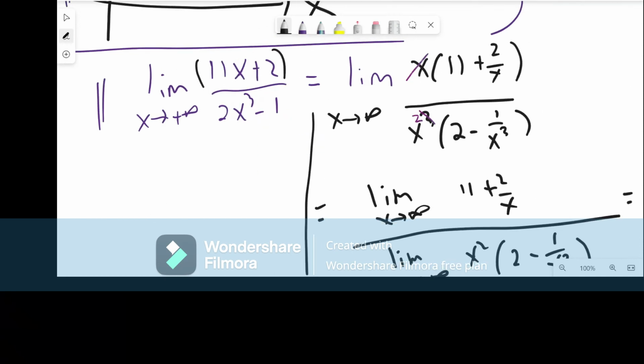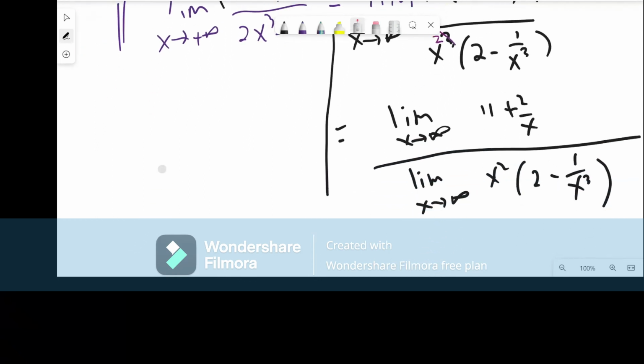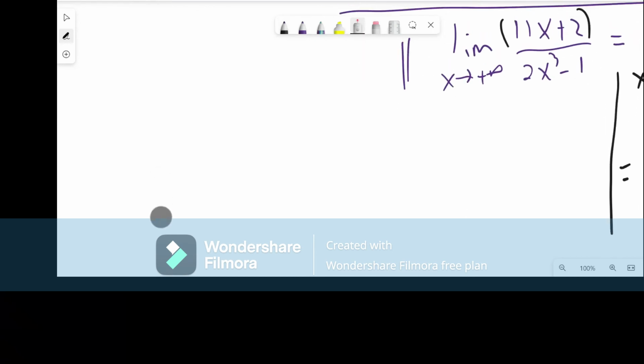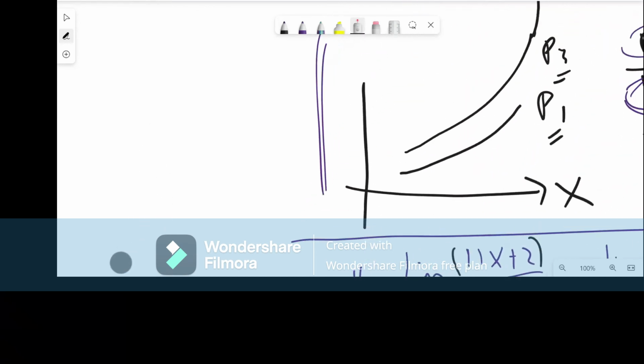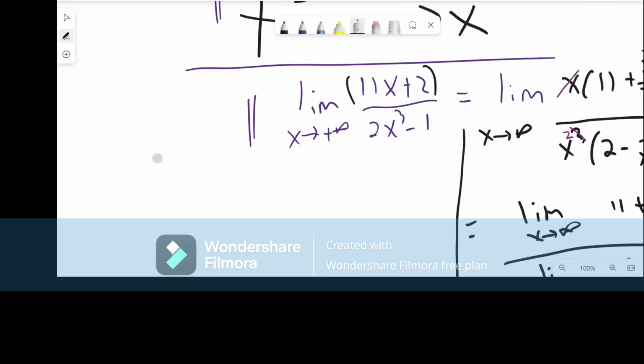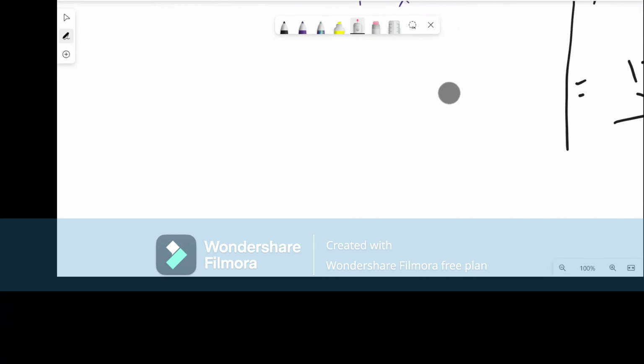Instead of pulling out a factor of x from the numerator and x cubed from the denominator, I'm going to pull out the factor of x cubed from both upstairs and downstairs, instead of pulling different factors from the downstairs and upstairs.